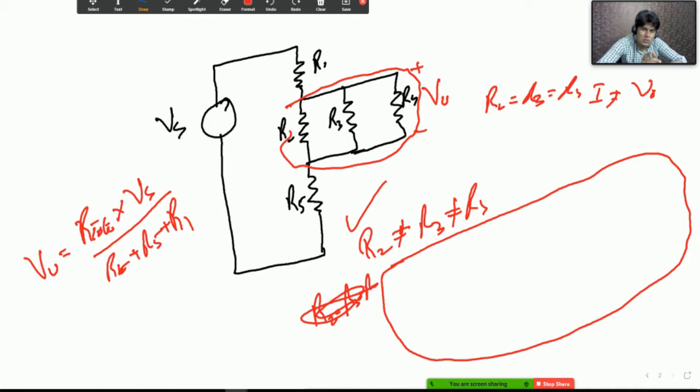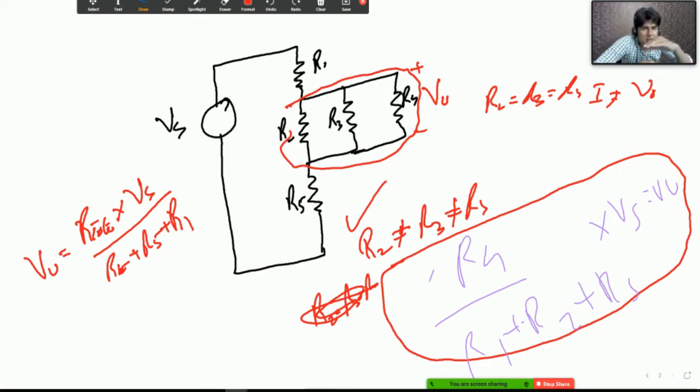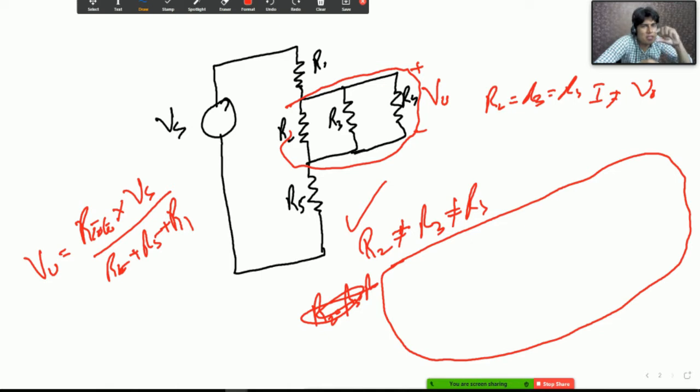Actually, if the resistors are the same, the voltage is the same, but the current is divided by 3.